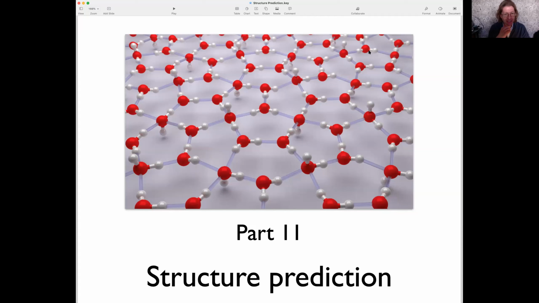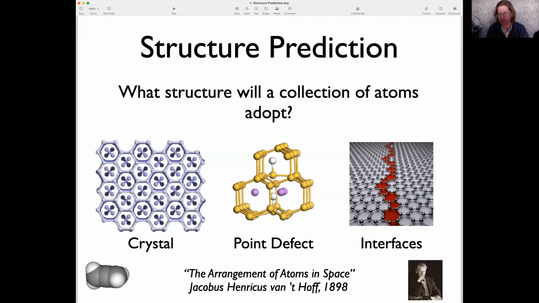So this picture here, which is on the title page, was the result of research I did while I was at UCL with Angelos Michailidis, who I think you heard from last week or previously, where we were using structure prediction techniques to predict new two-dimensional phases of water ice. The technique that we used to do that is called AIRS, and I'll explain that method later on, in the context of other approaches that are available as well.